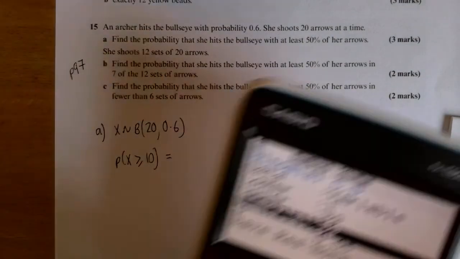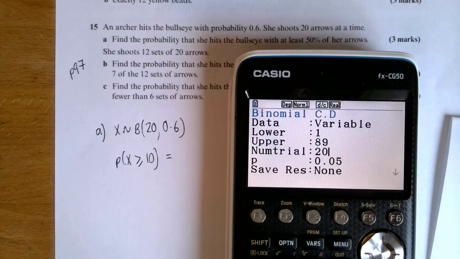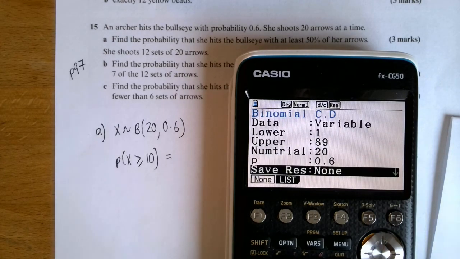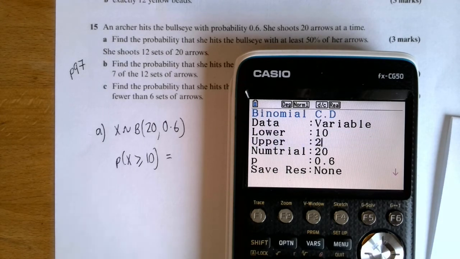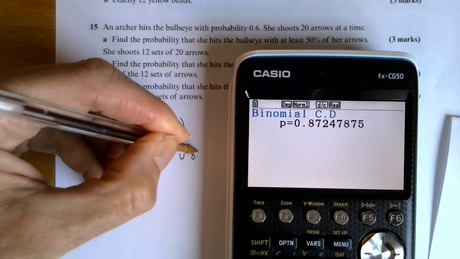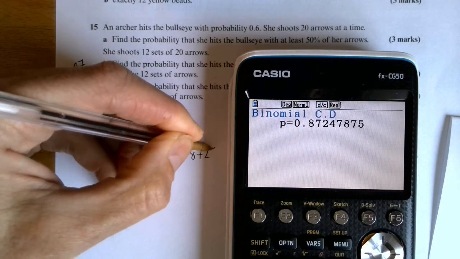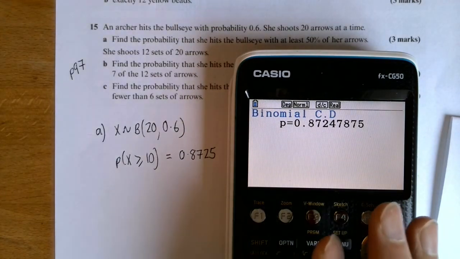So I'm going to do that on my calculator. I've still got the values from last time. So I've got 20 is my number of trials, 0.6 is my probability of success. I'm going from 10 to 20, and that's 0.8725. Good stuff.